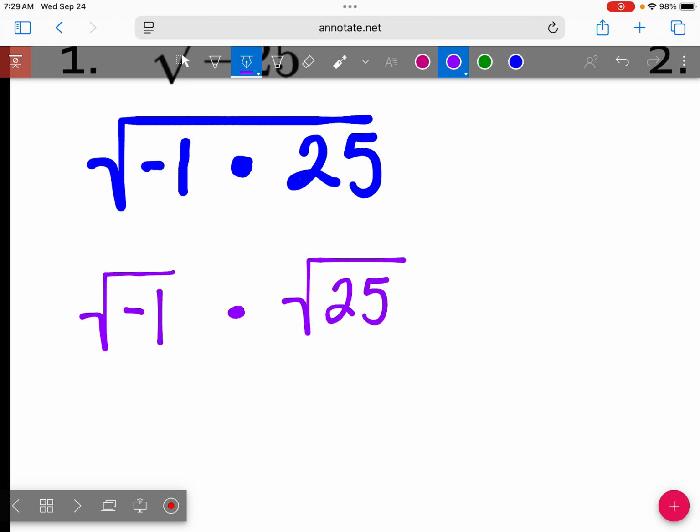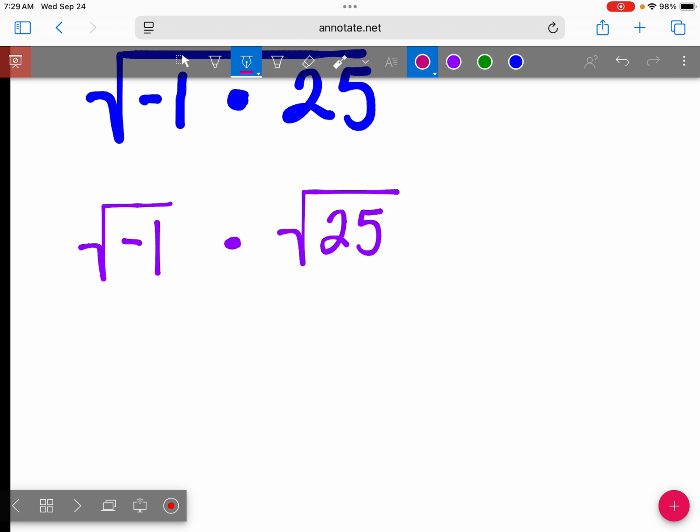And then we know some of these pieces. I know the square root of 25. The square root of 25 is 5. And we just said on the previous page that square root of -1, that was the mathematical problem child that mathematicians invented something to fix. That square root of -1 we call i.